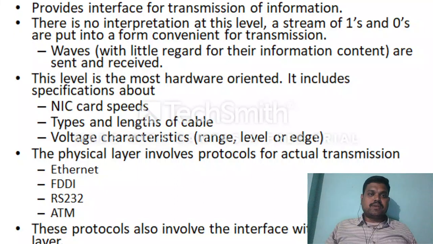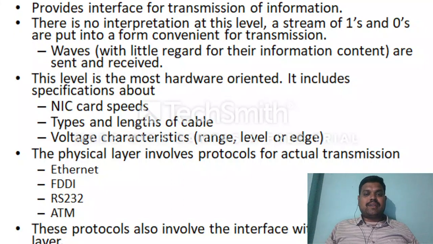For example, if you are using copper wire as the transmission channel, your message should be converted into an electrical signal. Or if you are using an optical fiber, your message should be converted into a light signal. So basically, the physical layer's functionality is to convert the message, a stream of ones and zeros, into a form convenient for transmission.